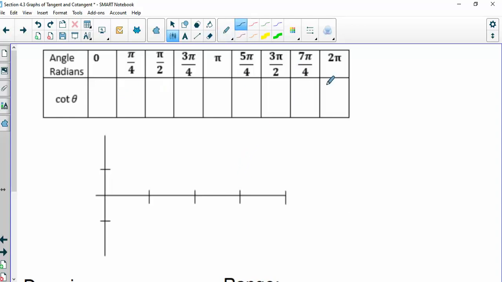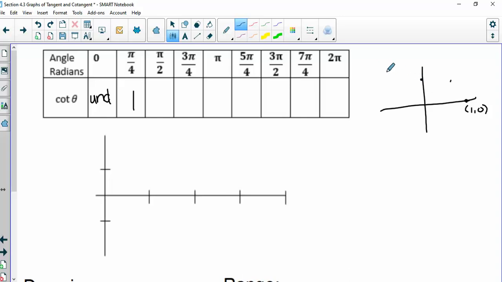So for this one I put 0 to 2 pi on here. Think about your unit circle. Cotangent is x over y. So cotangent of 0 and pi. Pi over 4 is 45 degrees, so it would be 1.